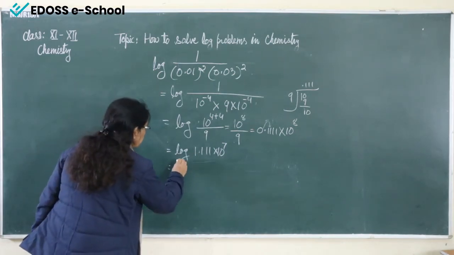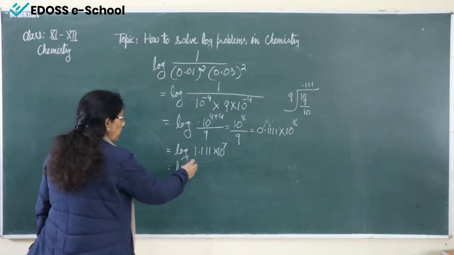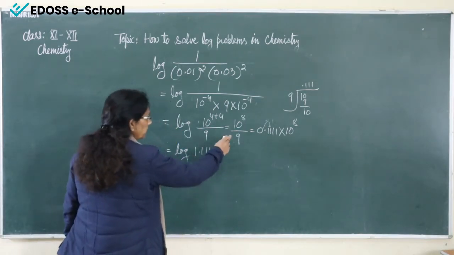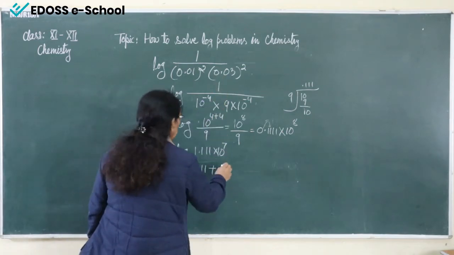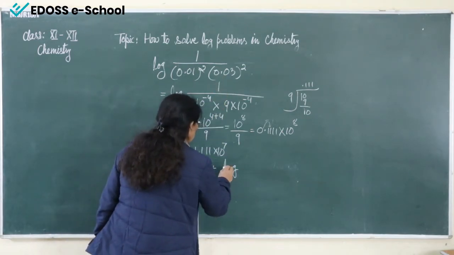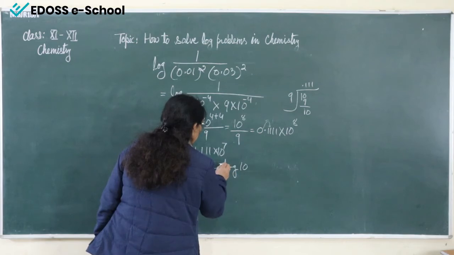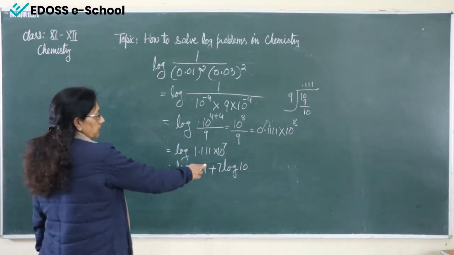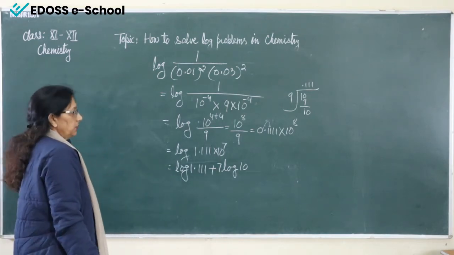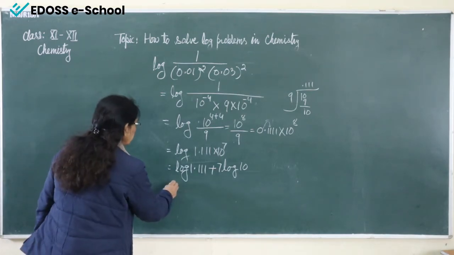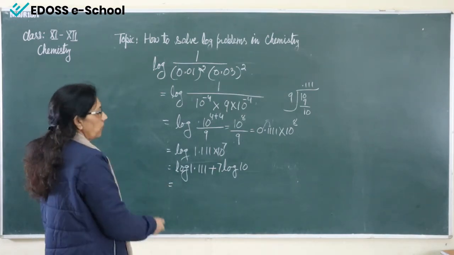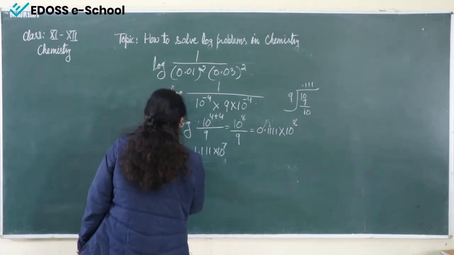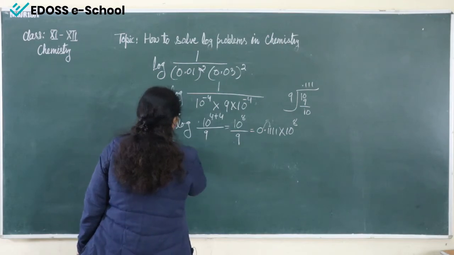Now see here. This means we have to see log 1.111 plus 10 raised to power 7, means this is 7 log 10. Okay. So now we can find the value, or we can do it in a simple way. We can do it in this way also.